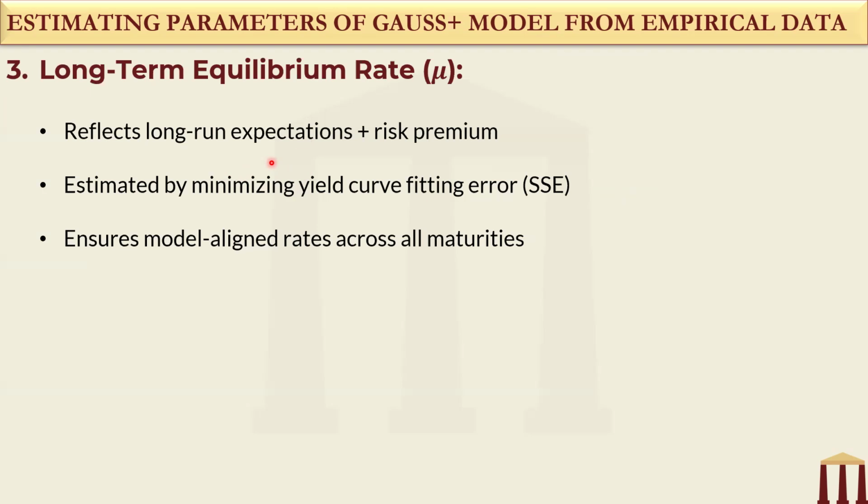We discussed this earlier also, right? Productivity growth. And it also includes a risk premium. Okay, so to estimate mu, we actually take a slightly different approach. That's why you can see it's in the third stage.